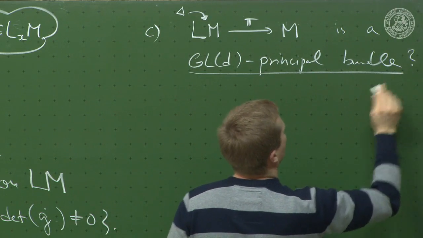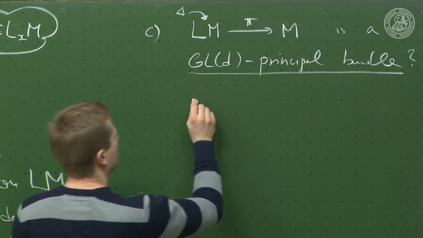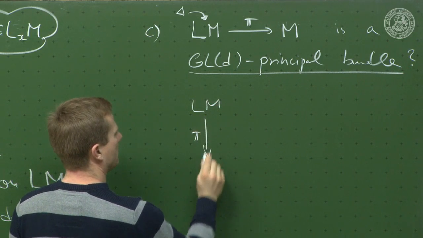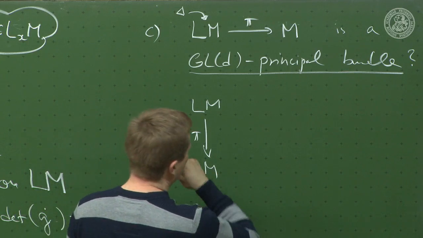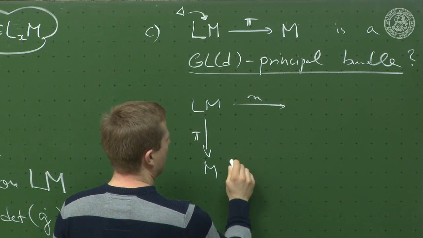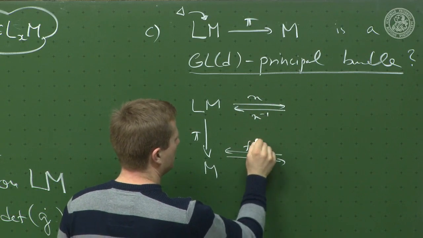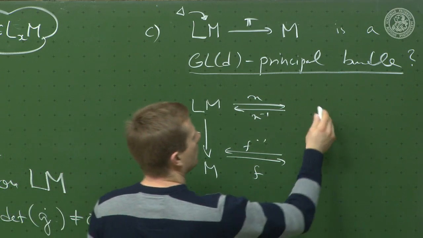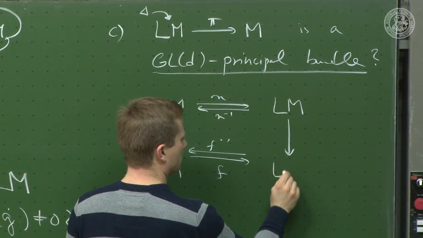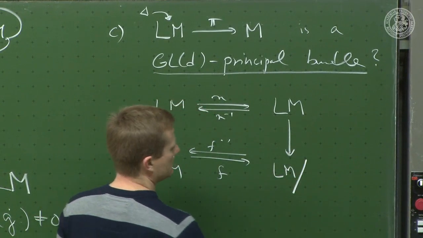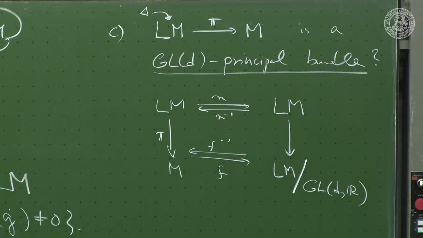Okay. What do you have to check for that? Well, you've got to check whether, if you look at your bundle, you have a bundle map U that's an isomorphism, so there should be an inverse like this, to the same total space, but going down to the total space, and then you take the quotient with respect to the group you have here, okay?